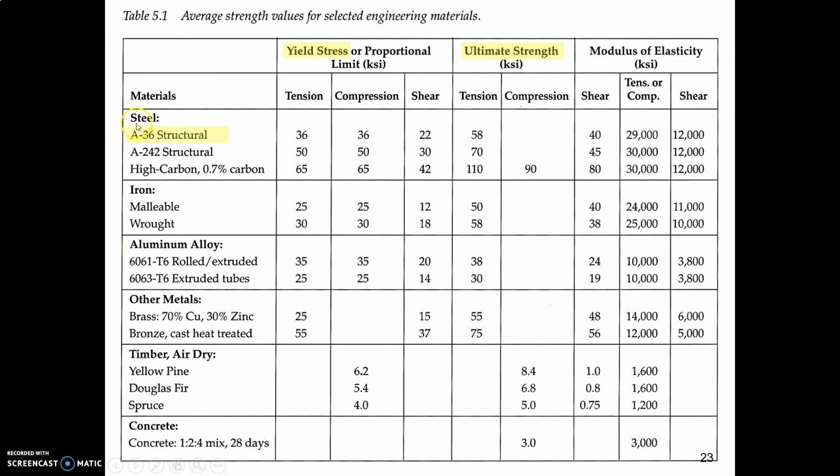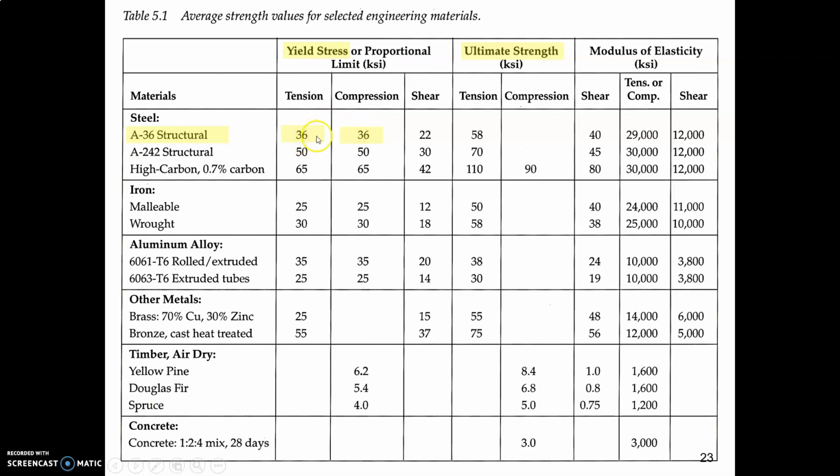And let's look at mild steel. The ASTM number for mild steel is A36. And notice up here in the top of these columns, it says that these numbers are in KSI. What does that mean? K stands for 1,000, doesn't it? So this is not 36 PSI, this is 36,000 PSI, or 36 KSI.